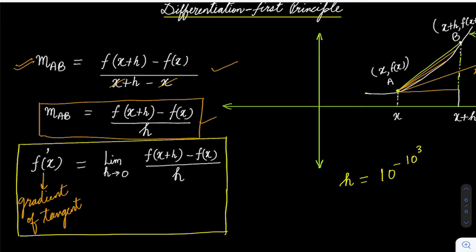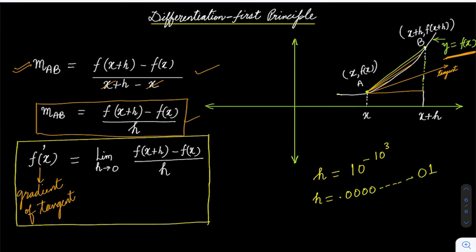So imagine a very small number like 0.0000, lots and lots of zeros, and then 1. When the number is this small, obviously A and B will be very close and it will become a tangent. So that's the first principle. This is how differentiation comes into the picture. All the formulas that you will study further in the later exercises will be derived from this only.